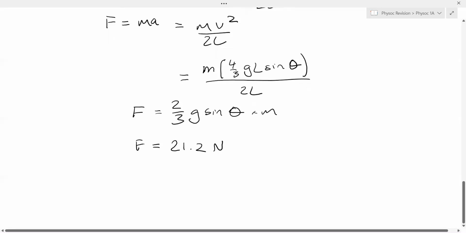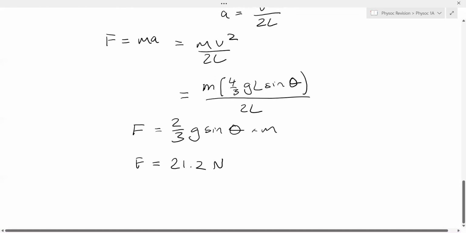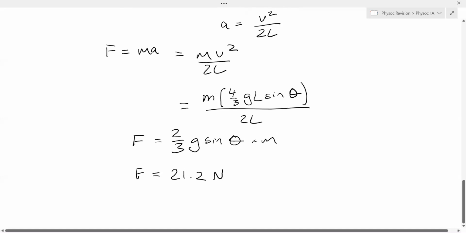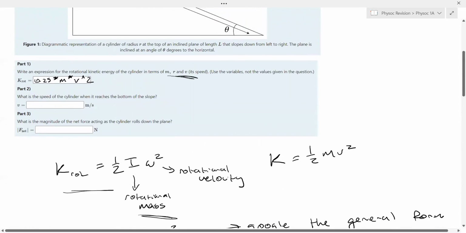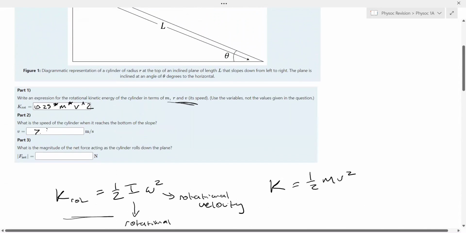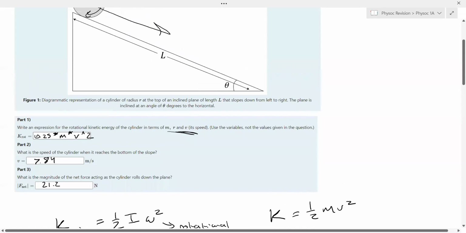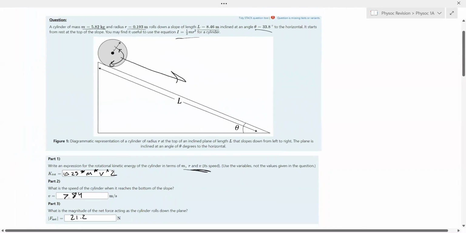All right, that is the end of that question. That was pretty quick. I might move on to thermal physics and waves now, and if we get time, we can come back to the gravity question. So this was 7.84 and 21.2, and they've given us the units there, so we don't have to worry about that.